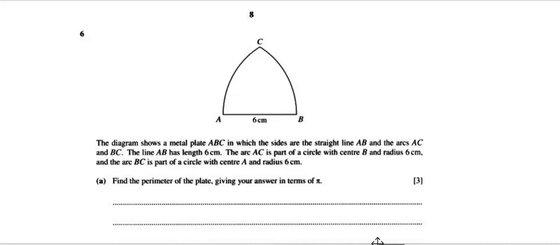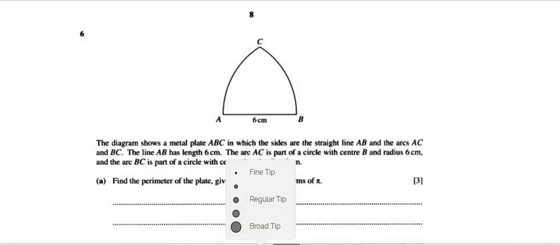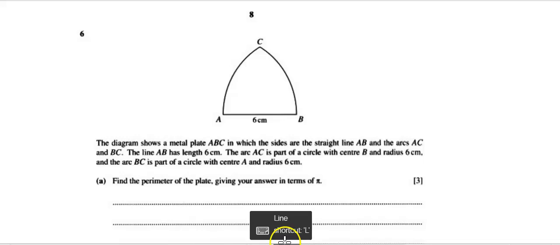Okay, we can draw a line of symmetry here, because we are told that this is a metal plate ABC, and we can try to have another line of symmetry to give you 2 lines of symmetry, such that we can extract this triangle.